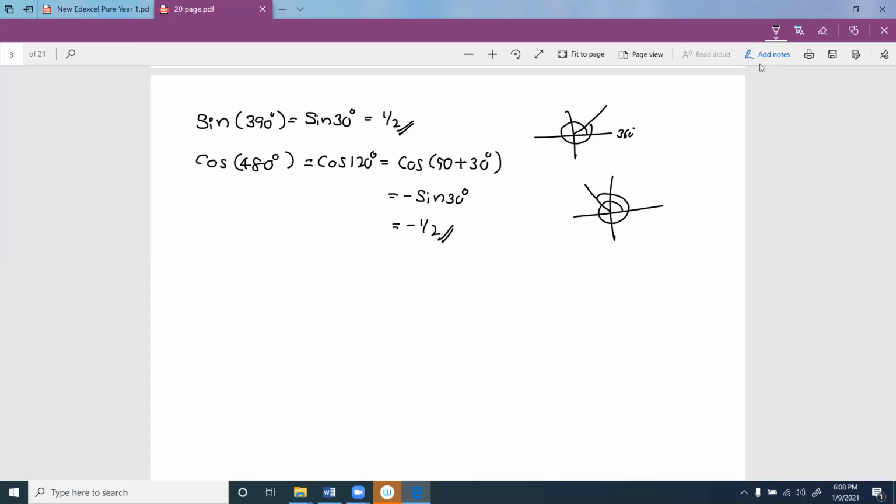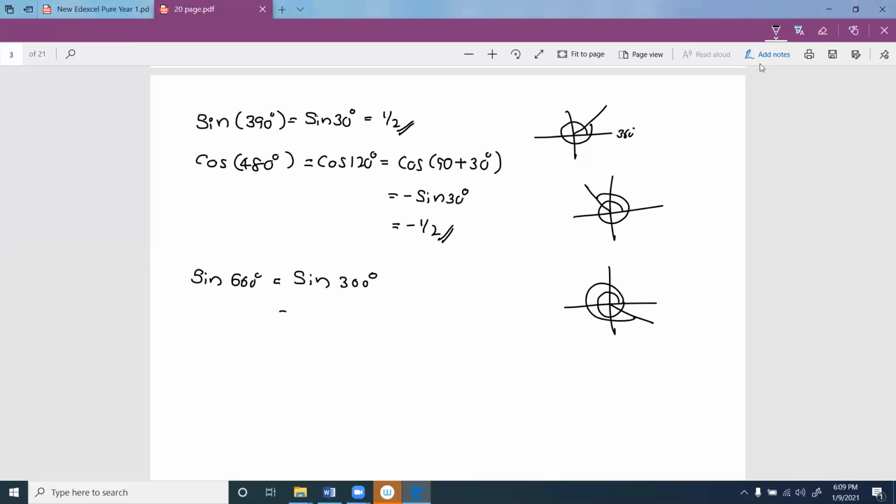Right. Okay. Let's go ahead with another example. Say you come up with sine 660. That means if you travel one complete circle, 360 goes, and if you subtract 360, another 300 comes. That means from here, it's just like this. So this is similar to sine 300.